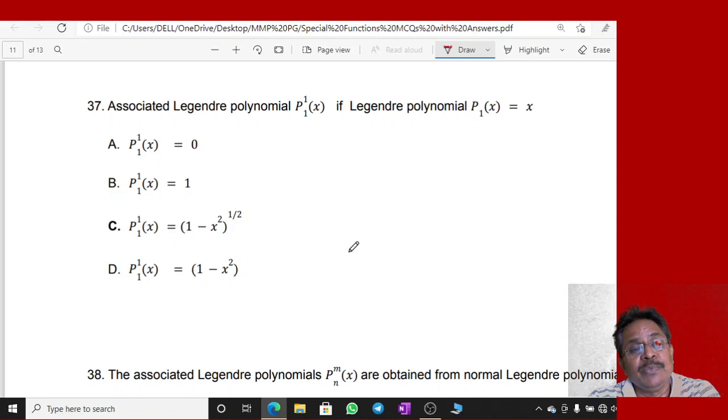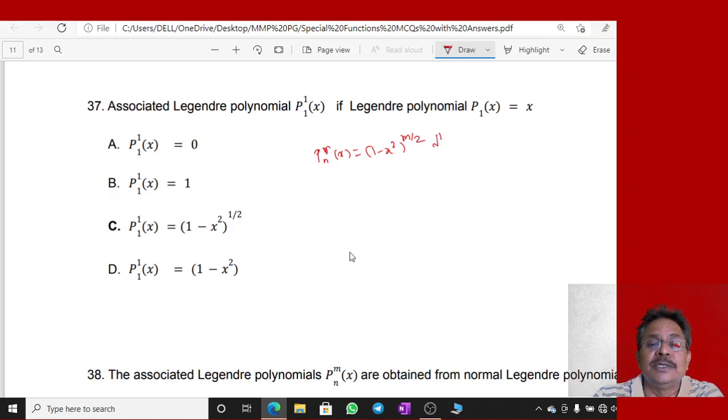Question number 37. Associated Legendre polynomial P11 of x if Legendre polynomial P1 of x is equal to simply x. So again, try to find out this by the same formula we have seen earlier. This Pnm of x is given by 1 minus x square raised to m by 2, into d raised to m upon dx raised to m of Pn of x.